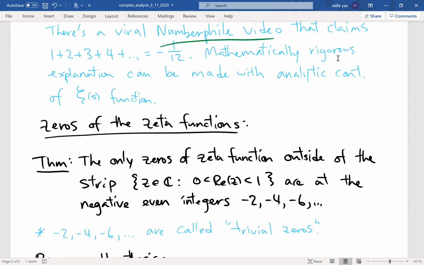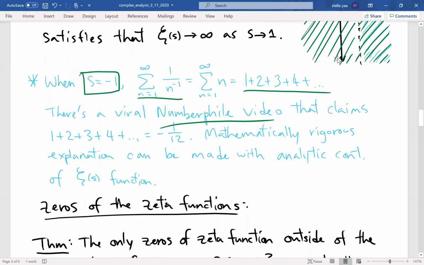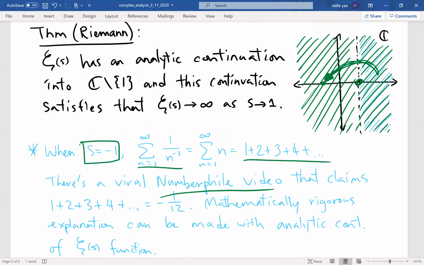As long as you're looking outside of what's called the critical strip, that's the strip where the real part is between 0 and 1. So this portion is what's called the critical strip.